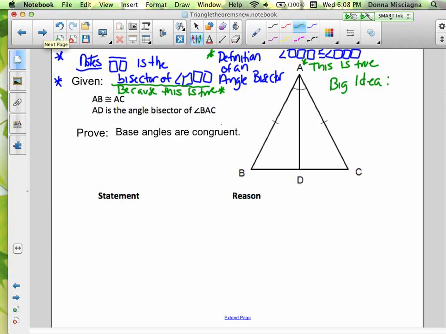Our big idea here is to prove the triangles congruent to prove the base angles congruent. And a big part of that is going to be the definition of an angle bisector. All right, so now let's go to our proof.